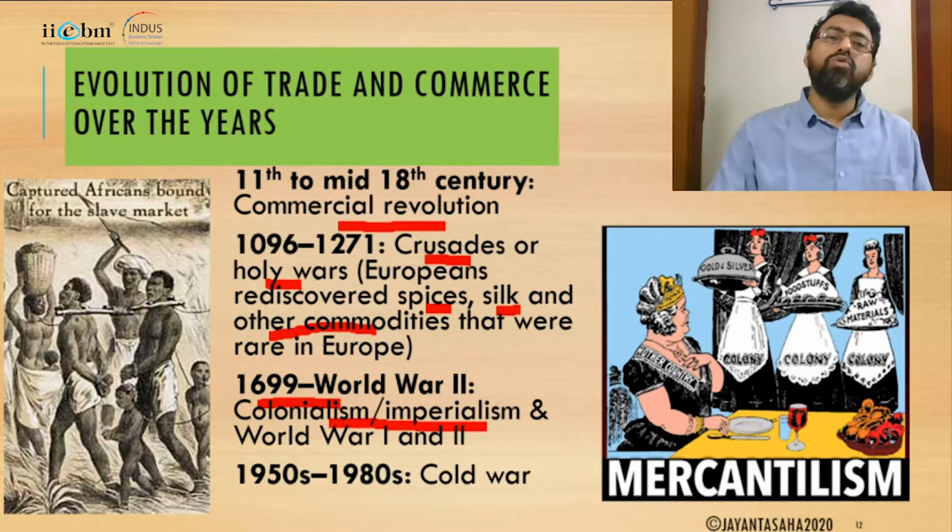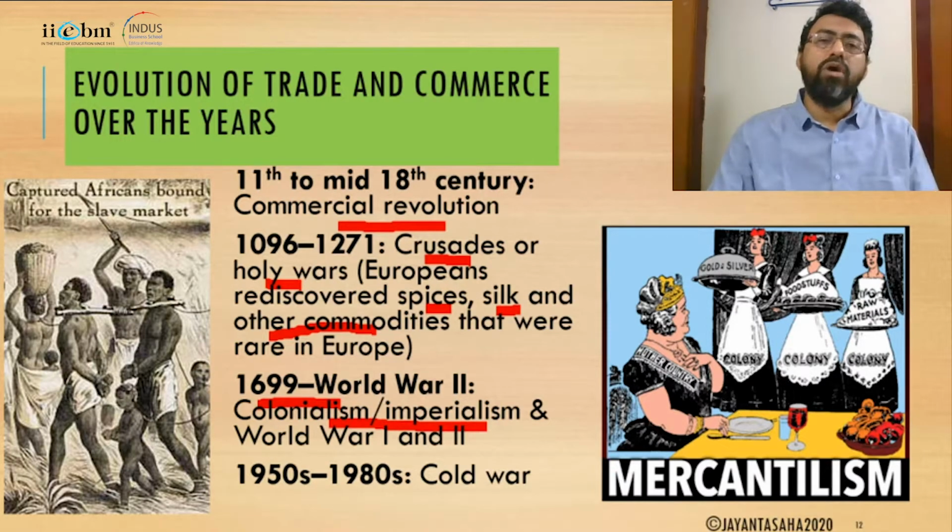So once you have found a new colony, say the East India Company came to India and they sought permission for trading from the then Emperor Jahangir in the early 1600s.